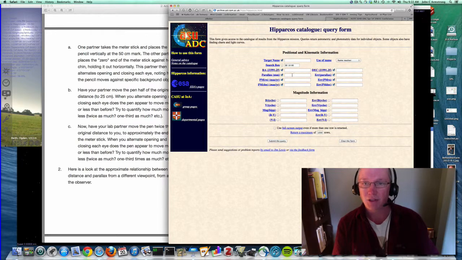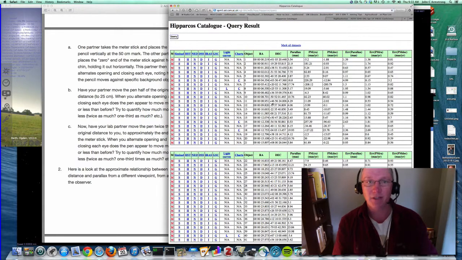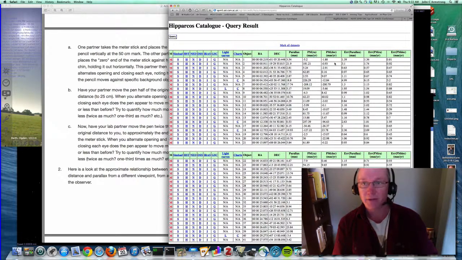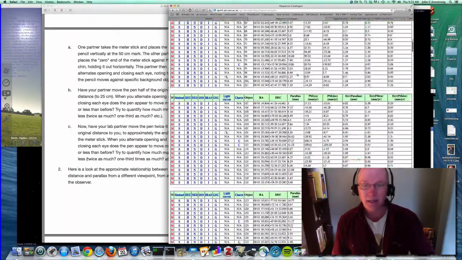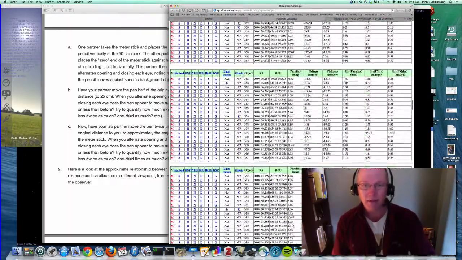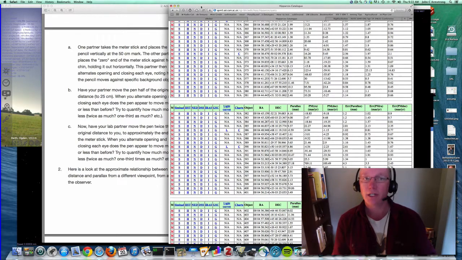So one of the things that you can look at is, you can just submit the query and get every single star that they have, and this is all the stuff that they've measured, but the most important thing that they've measured is the parallactic angle, which is this parallax in milliarc seconds. So the measurement is 1/1,000th of an arc second, which tells you how precise this stuff is. And you can see how many stars they catalog with this, using the exact same technique that you're going to use on the surface of the Earth.